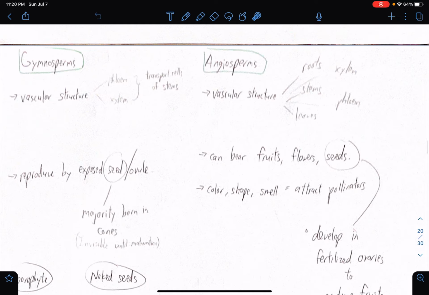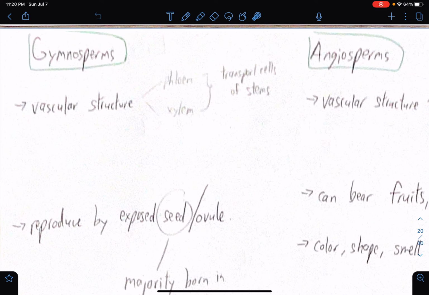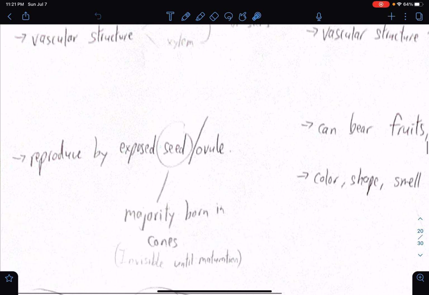Okay, let's go to gymnosperms and angiosperms. So gymnosperms have a vascular structure, a phloem and a xylem. Basically, they transport the cells of stems, and they reproduce by exposed seed or ovule. Majority are born in cones.